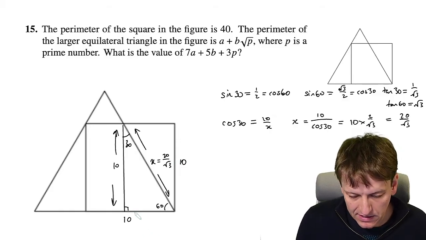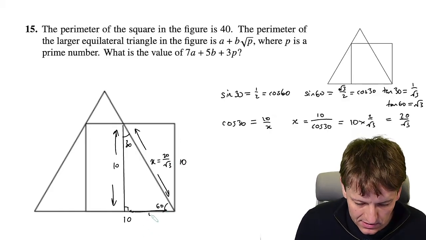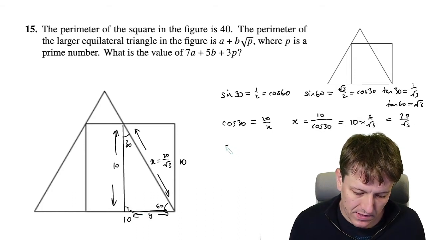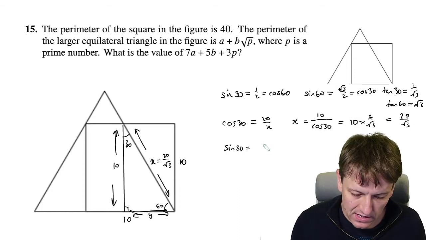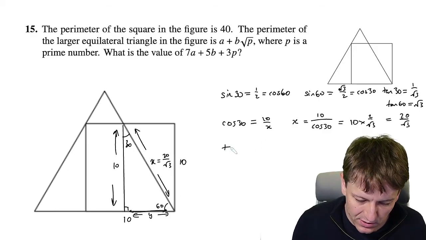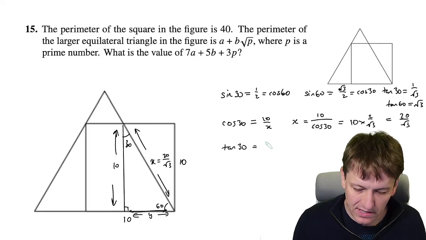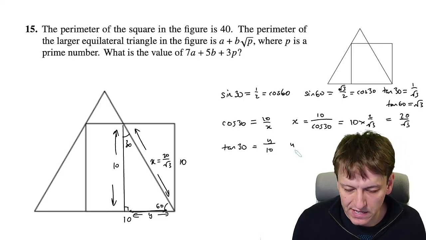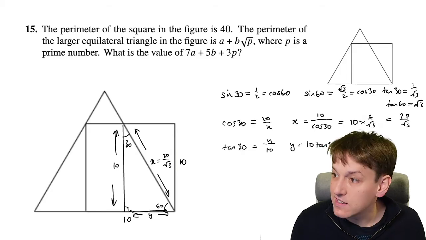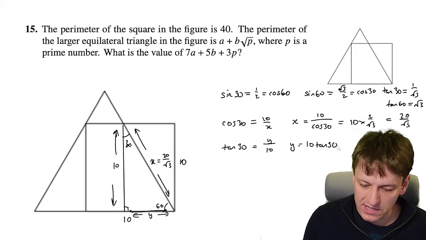And similarly, this base here, let's just call that y for now. So I'm going to have sine of 30 is equal to, well, actually let's use tan with the original value. So tan of 30 equals y over 10. So y is equal to 10 tan of 30.